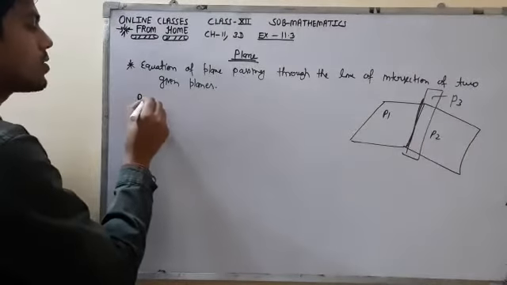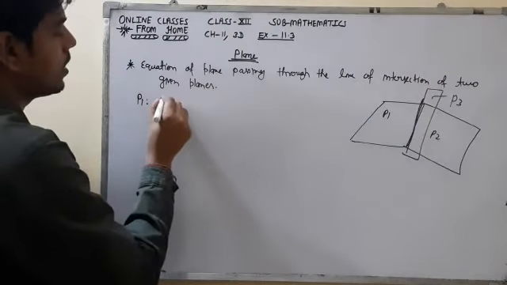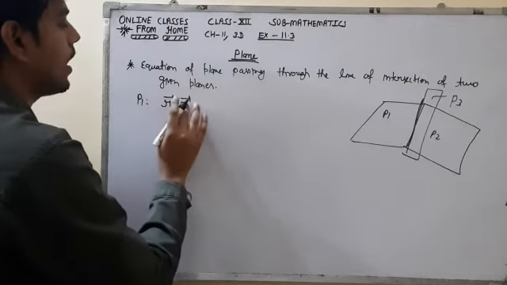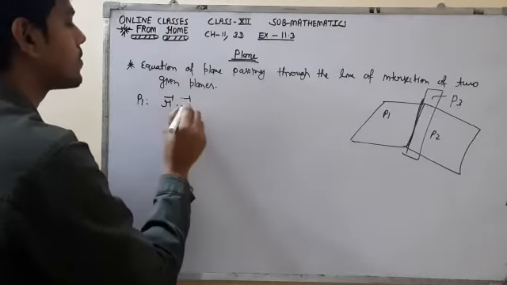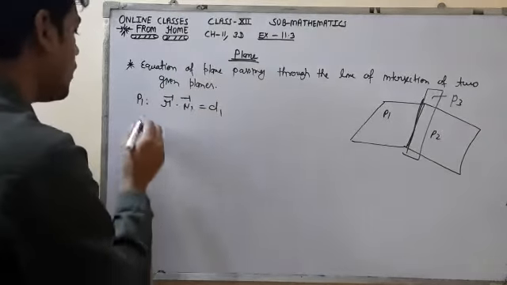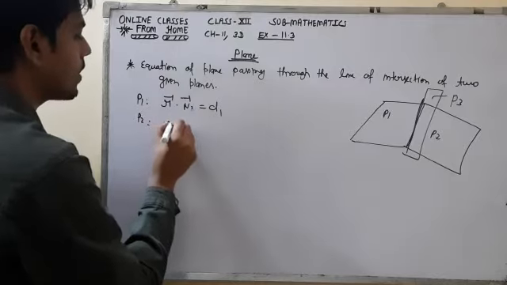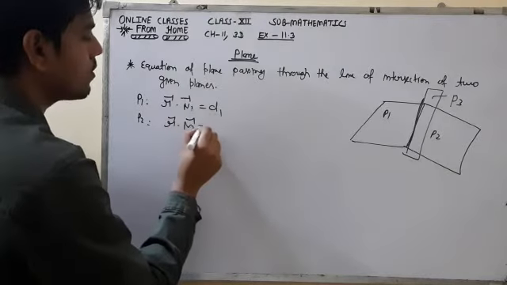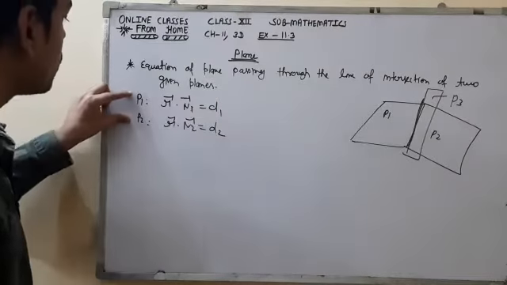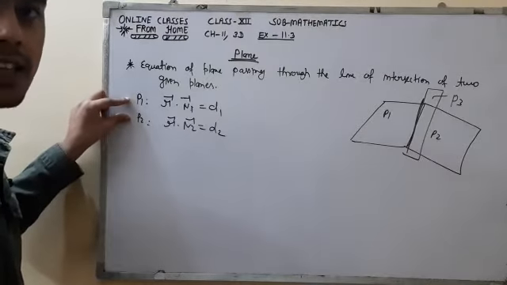Okay. Suppose the equation of the first plane is r vector dot n1 vector equals d1. Now plane 2 is r vector dot n2 vector equals d2. Suppose we have these two given planes, and through the intersection of these planes a third plane is passing.